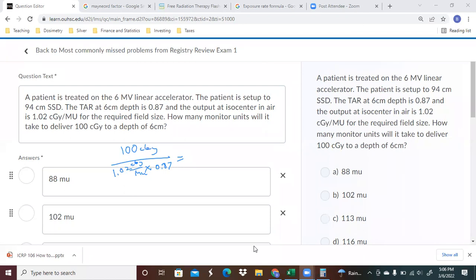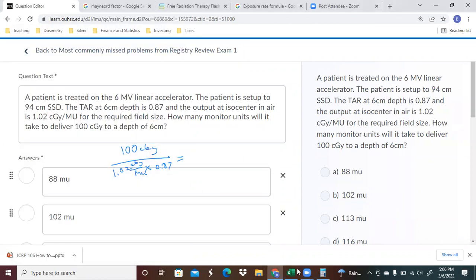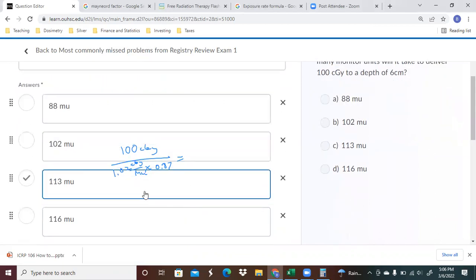My bad. Divided by 1.02, and we're also going to divide that by 0.87. So we end up with 112.68, which is 113.